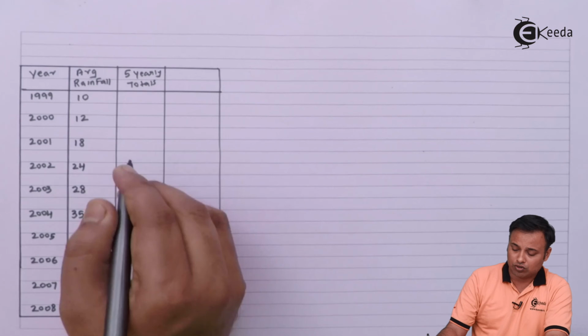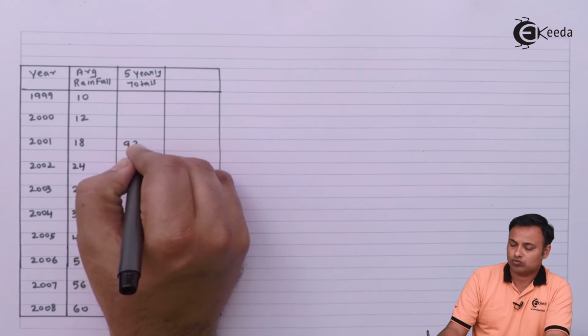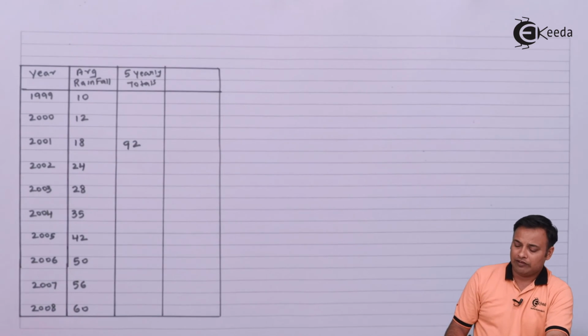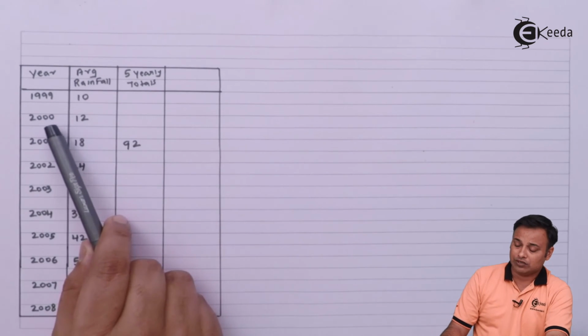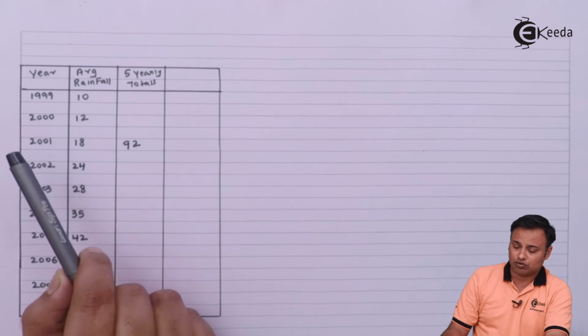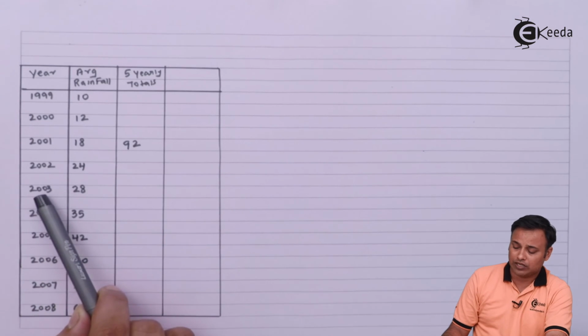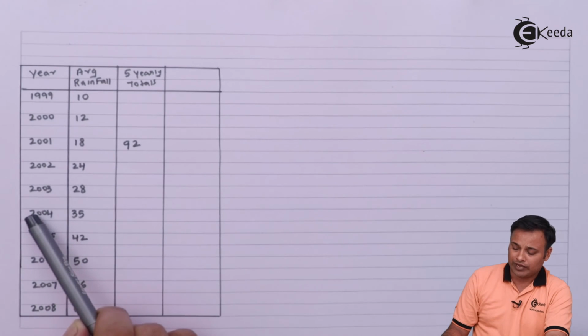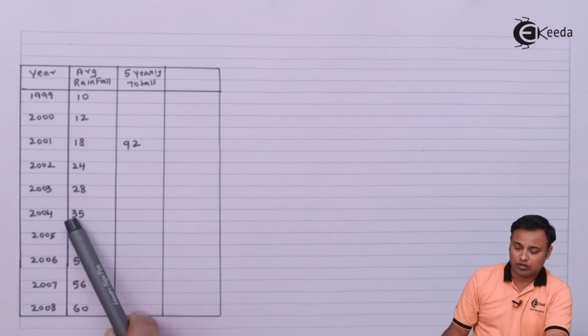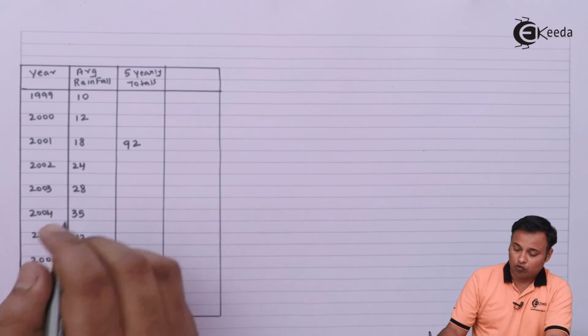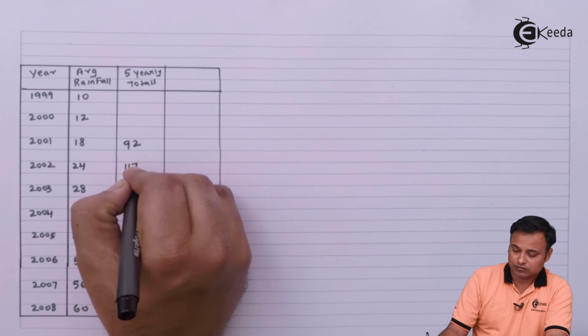So I will note down the total as 92. Now I will ignore the first value and take 2000, 2001, 2002, 2003 and 2004. Again we have 5 values from 2000 to 2004, which comes to 117.